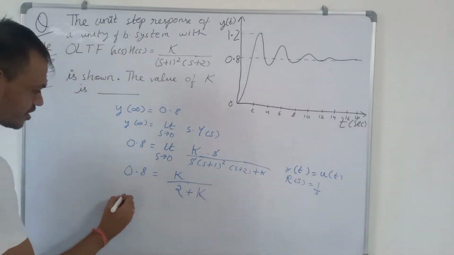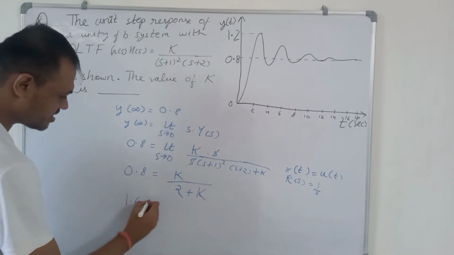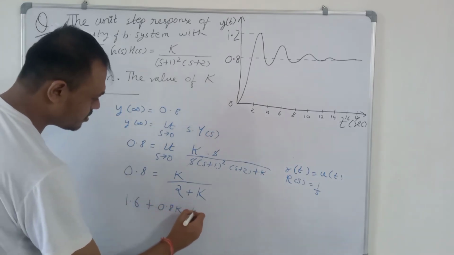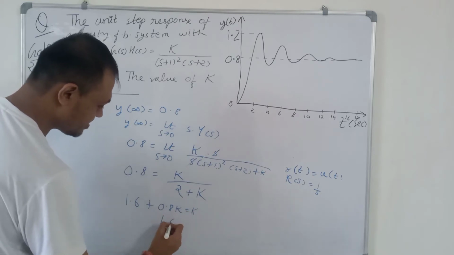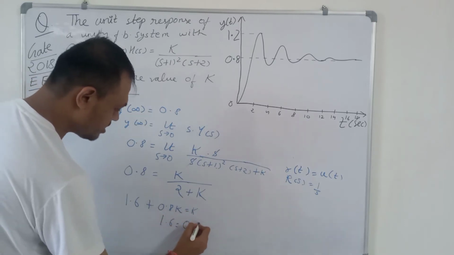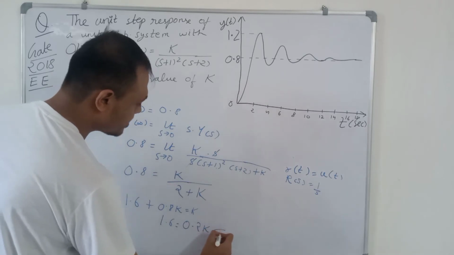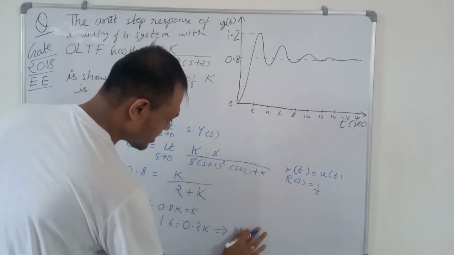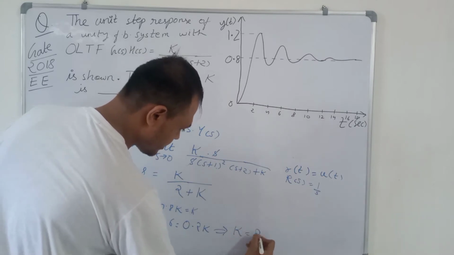So this will be equal to 1.6 plus 0.8K equal to K. So 1.6 equals 0.2K. So the K value is 8. K is equal to 8.